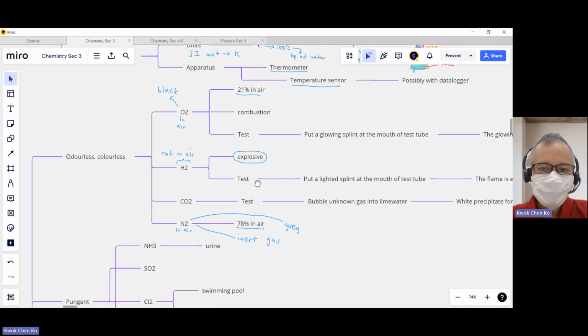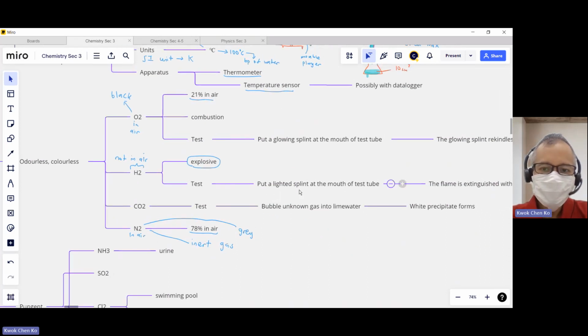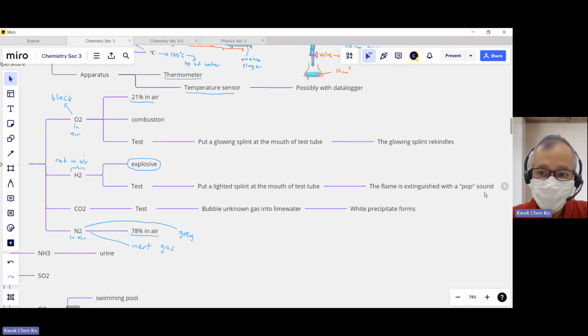Perhaps you'll come across this test for H2. You put a lighted splint at the mouth of a test tube, and if H2 is given off, you will hear a tiny explosion in the form of a pop sound. More about this further down the road, but this is something that you may get to do in your practical.